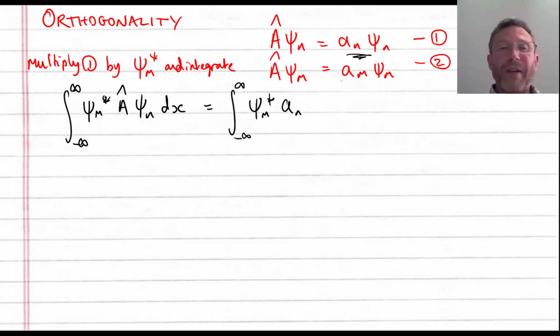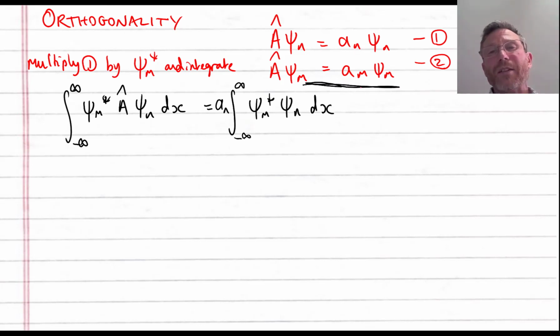In fact, we can bring the a n outside. Here's our constant, so we bring that outside the integral. And now what we do is take the complex conjugate of 2. So we're going to look at our expression here and take the complex conjugate of 2, and then multiply by psi n and integrate.